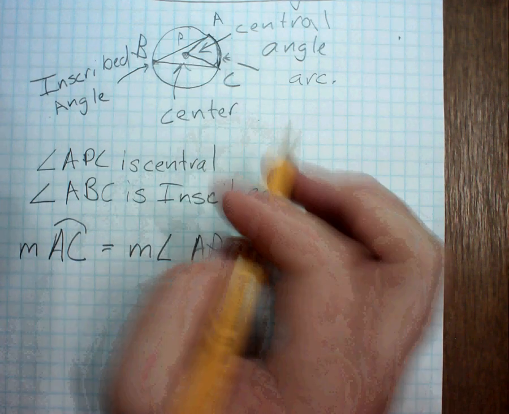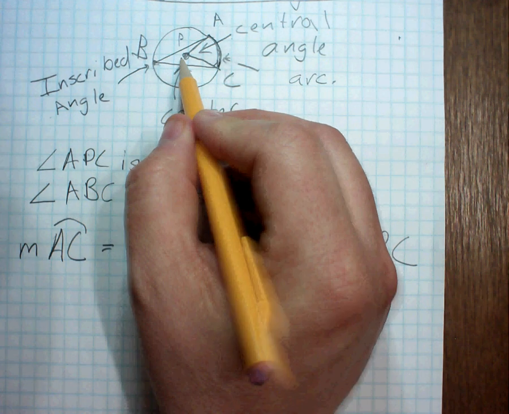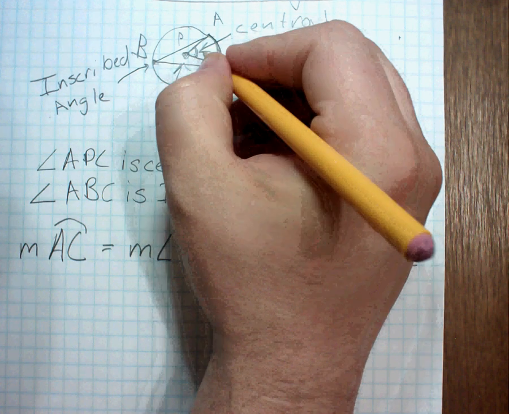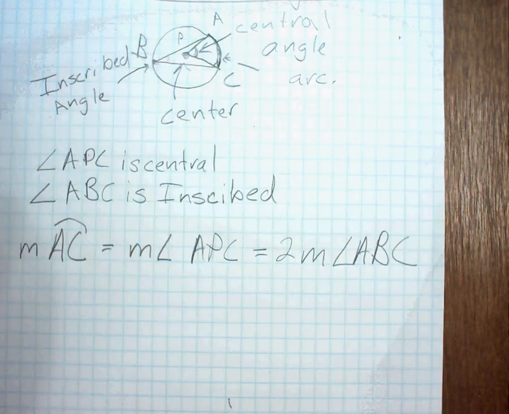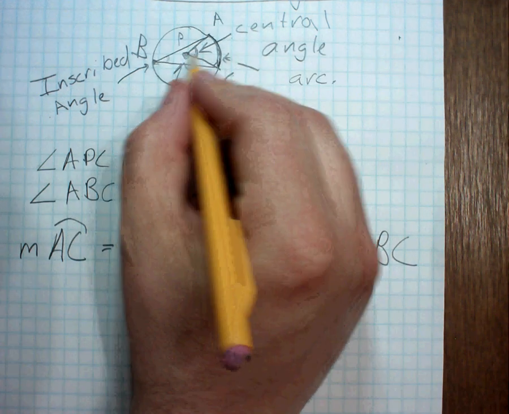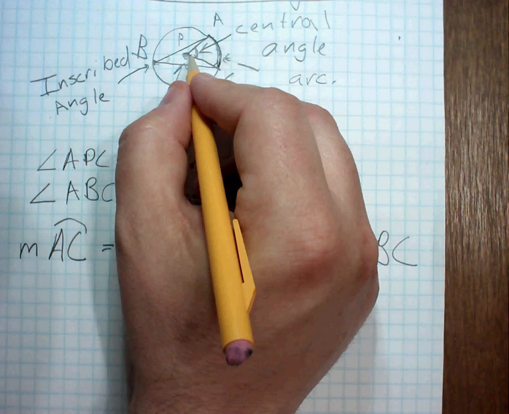Now it's kind of hard to tell because my picture is not quite perfect. I freehanded it, so it's not to scale, but as you can see, this angle here would be about half that angle. And the reason for that is that the distance of the arc is twice as far.